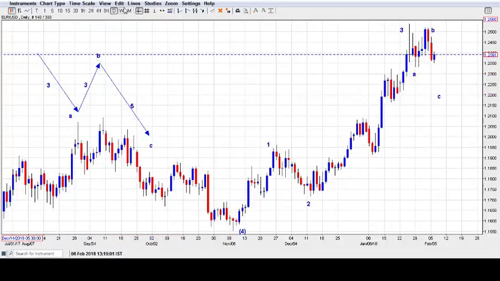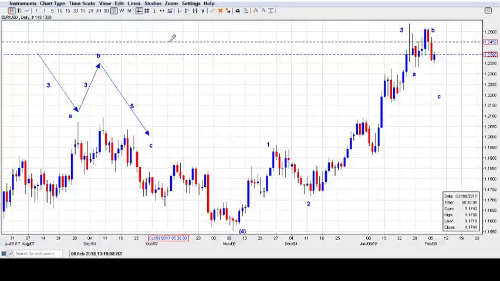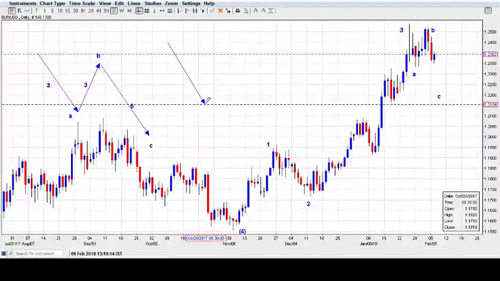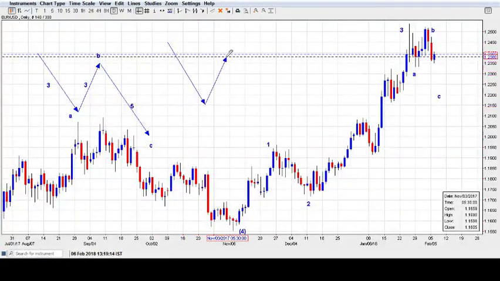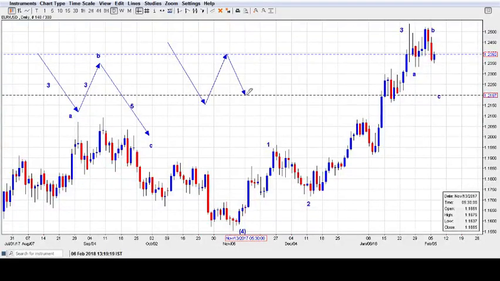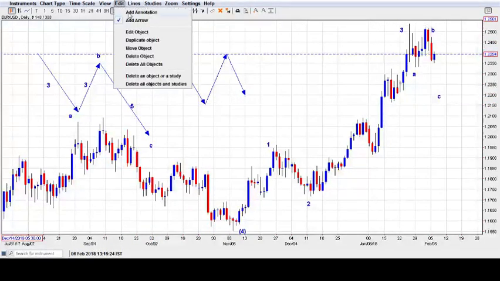Now, as an alternate count, we always would want to keep at least one probable alternate, which would be a running flat, and if it is going to produce a running flat, then wave C would just fall short a bit.